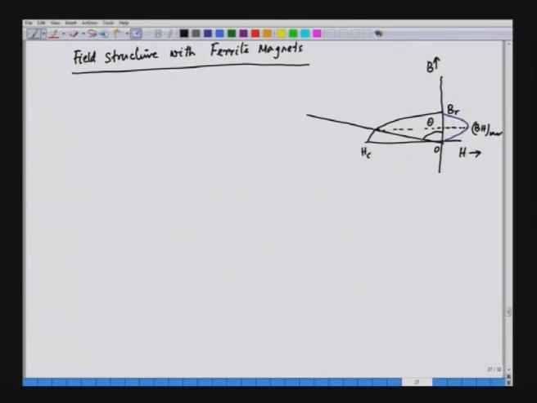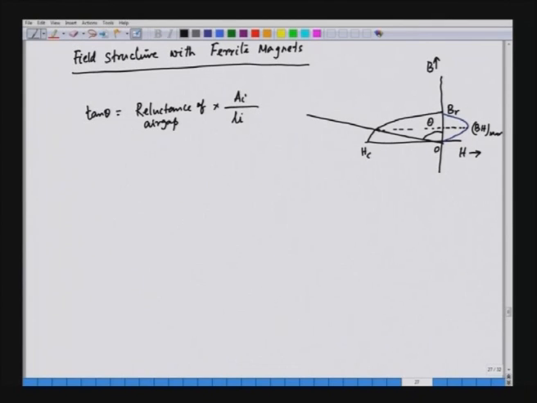We can use these magnets, but these magnets will result in a high value of theta. So, if a high value of theta is achieved here, what is this theta? Tan theta is the reluctance of air gap into Ai by Li.